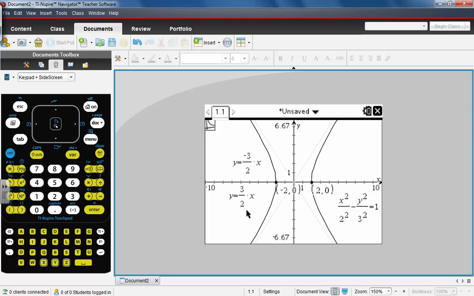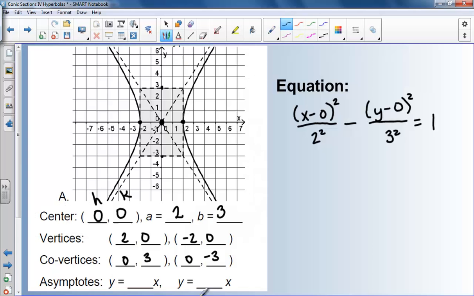One is increasing. Now they won't always look exactly the same like this. This is only the case when your center was at 0, 0. So I've got 3/2 x and negative 3/2 x, and those are the lines right here, the asymptotes that separate my graph. So we have one at 3/2 x and one at negative 3/2 x.